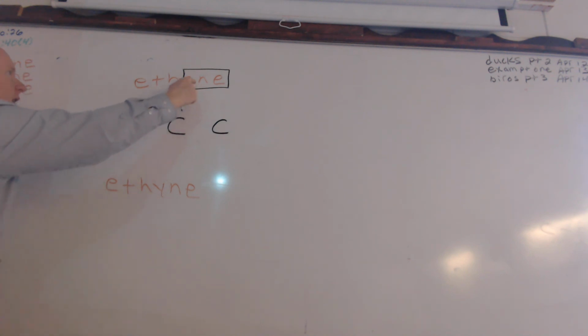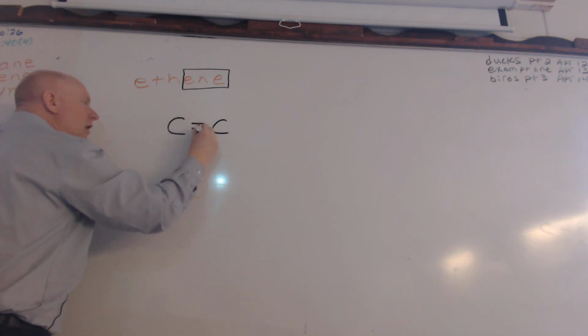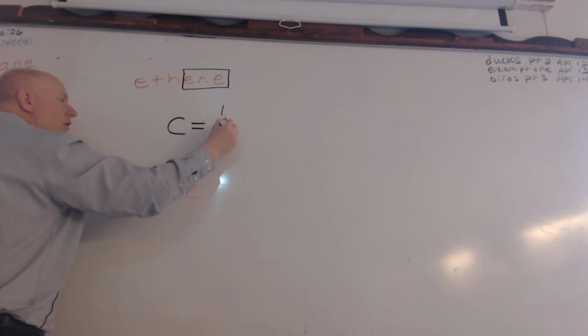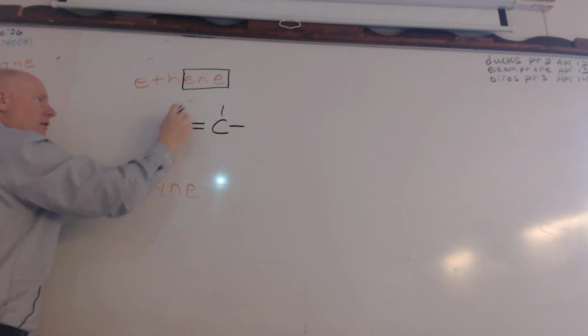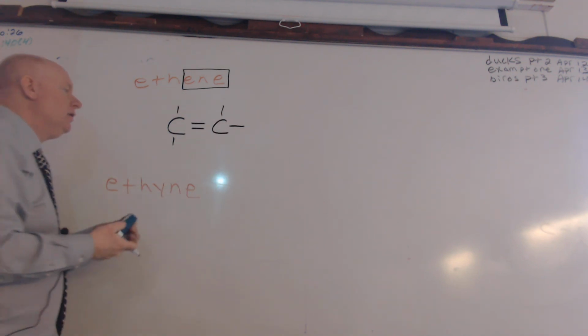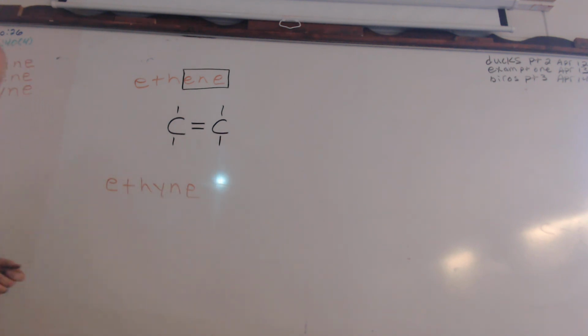And again, that tells you it's an alkene, which means how are they bonded together? Double bond. How many hydrogens are on each one of these? You can do it like that, or you can do it like this, over, under, or one on each side like that. It means the same thing. Typically, I would just put it like this.